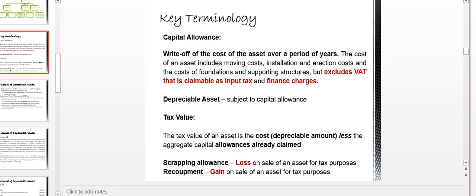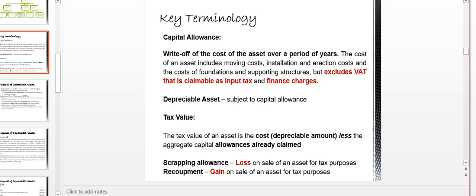But importantly, this cost needs to exclude VAT, as it is claimable as an input tax, and also finance charges. Finance charges and VAT you may not include in the cost of the asset, because you already deal with VAT when you calculate your input VAT.